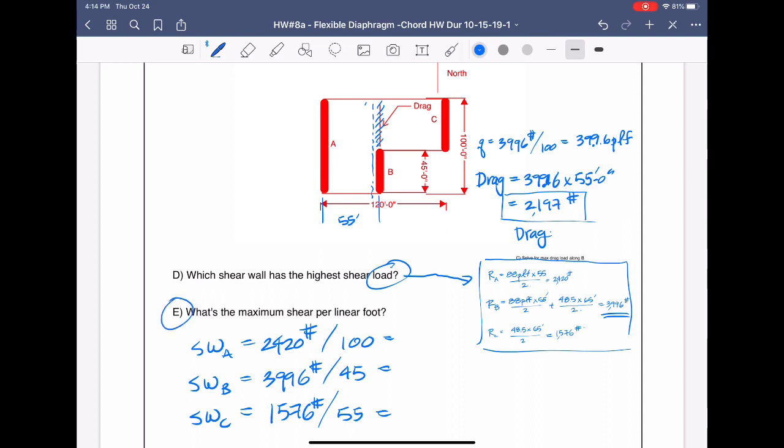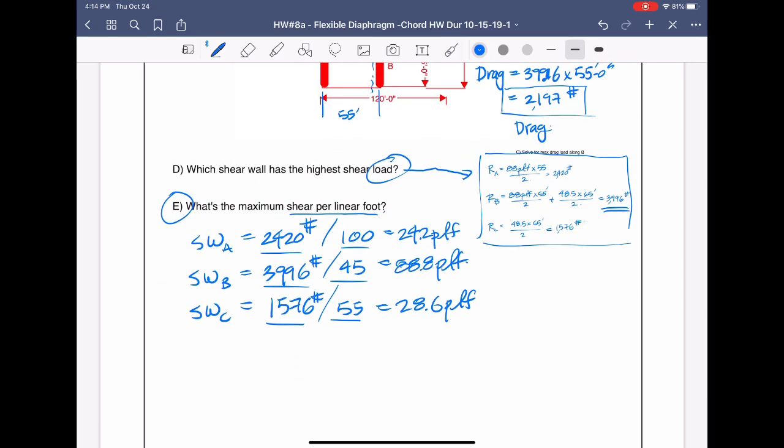So E is actually shear per linear foot, right? Shear per linear foot, shear per linear foot, shear per linear foot. So that comes out to be 24 pounds per linear foot, 88.8 pounds per linear foot, and this is 28.6 pounds per linear foot.